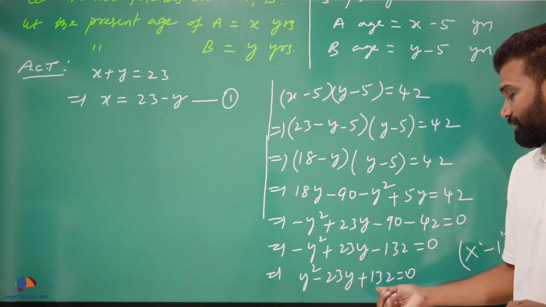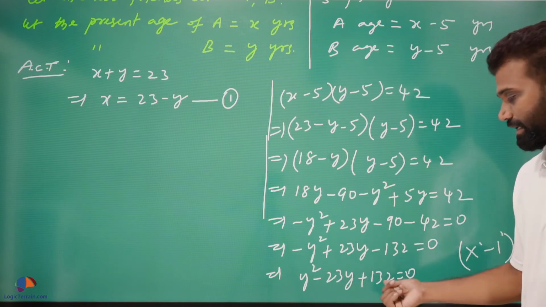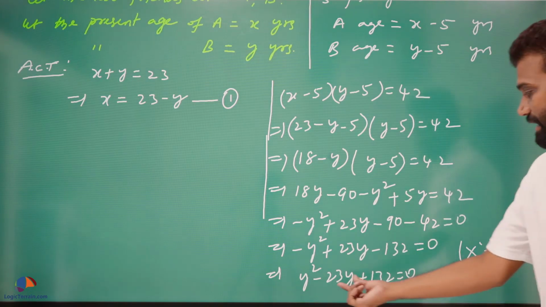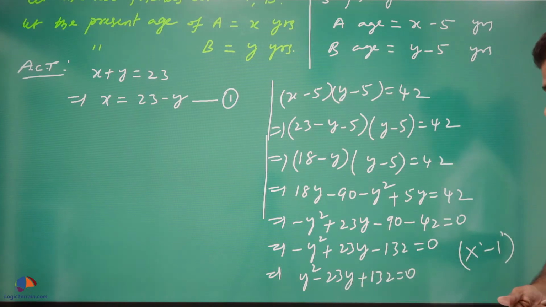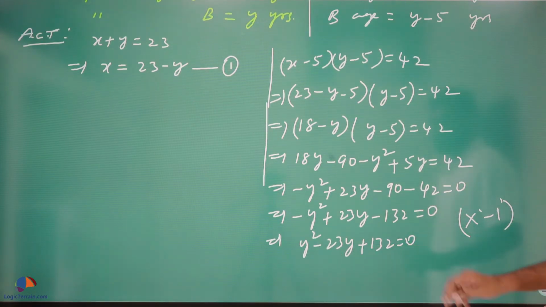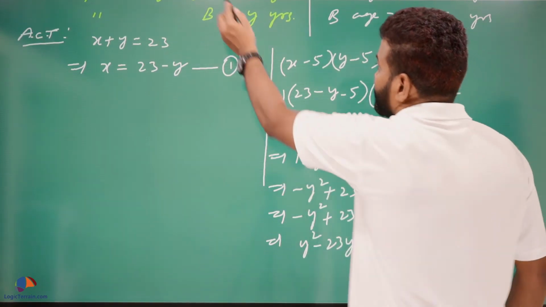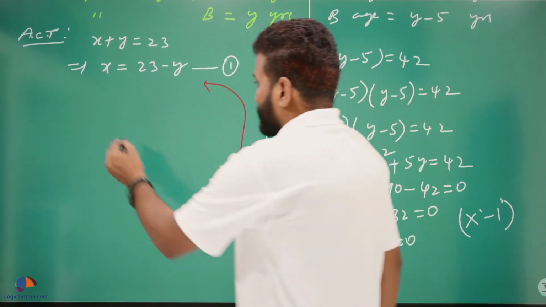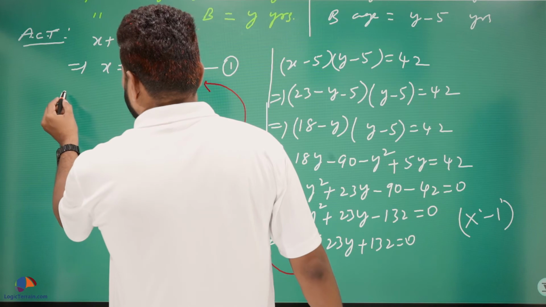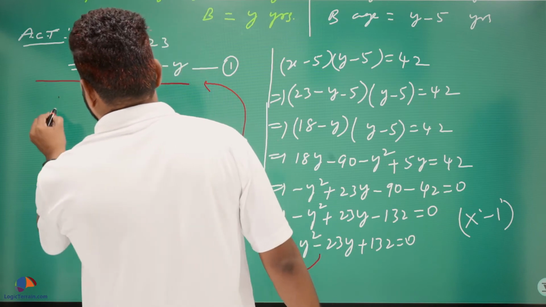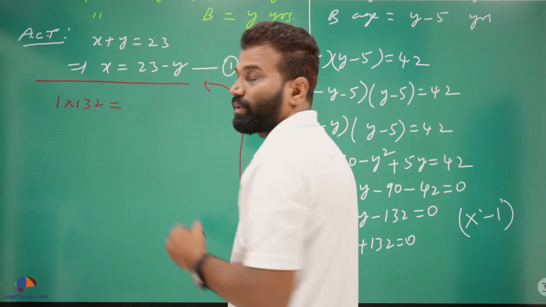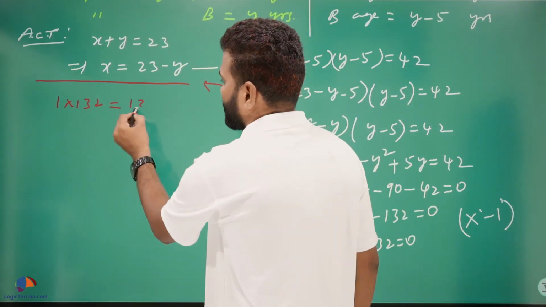Now to get the Y value we will factorize this quadratic equation. So I will split the middle term in such a way that their product is okay. Here the Y square coefficient is 1 and the constant is 132. 1 into 132, 132.